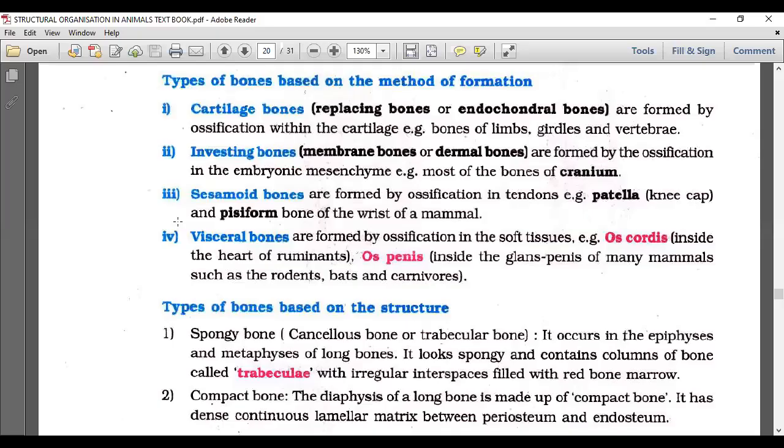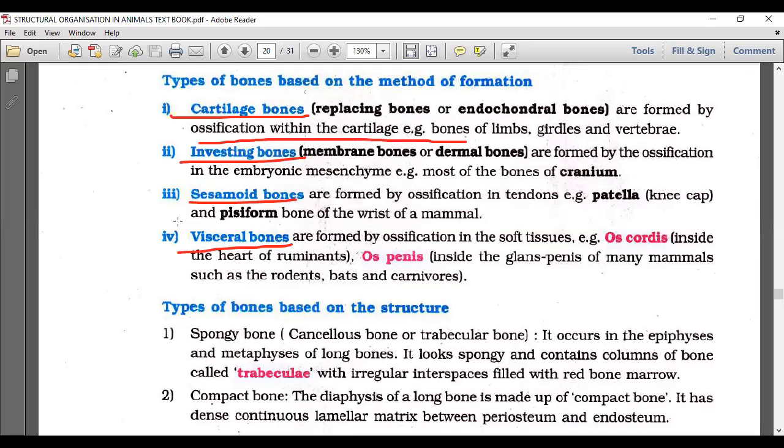Now let's start. There are four types of bones: cartilaginous bones, investing bones, sesamoid bones, and visceral bones. The first one, cartilaginous bones, is formed by ossification within the cartilage.